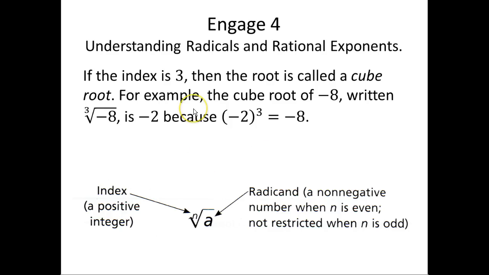If the index is 3, we call the radical expression the cube root. For example, the cube root of negative 8, with 3 as the index and negative 8 as the radicand, is negative 2 because negative 2 to the third power is negative 2 times negative 2 times negative 2, which is negative 8.